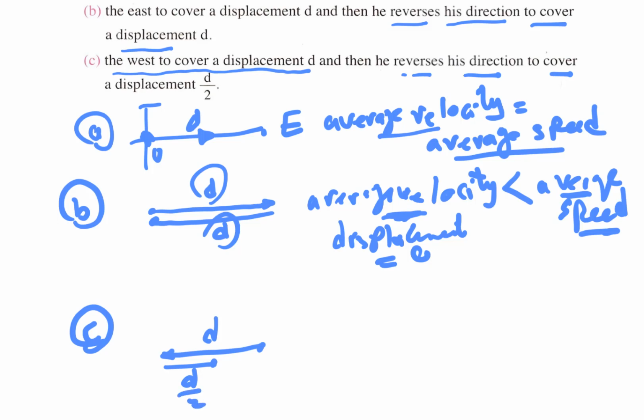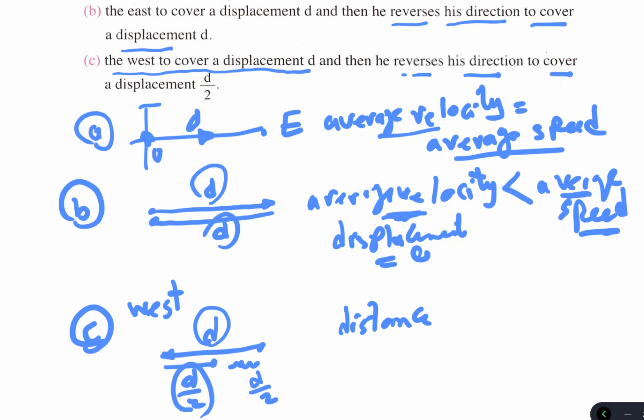So, as you see, the displacement here equals D over 2 to the west, right? And the distance equals D plus D over 2, so 3D over 2.